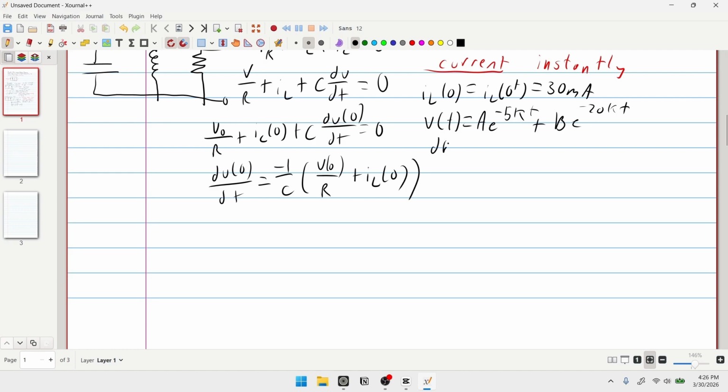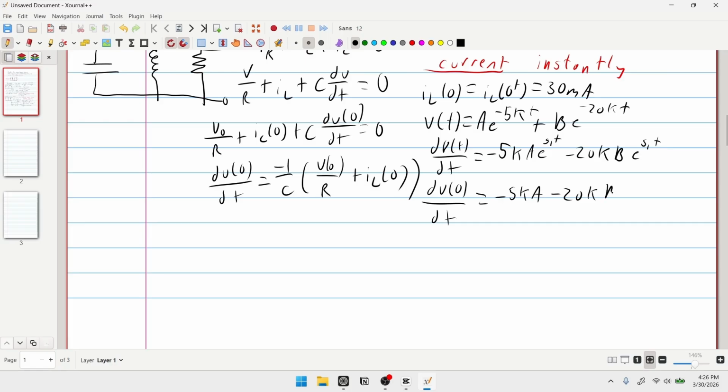So we have dV dt equals negative 5k A e to the s1 t, I'm just going to write s1 to save time, minus 20k B e to the s1 t. And if we plug in 0, our initial dV dt, it simplifies to negative 5k A negative 20k B.